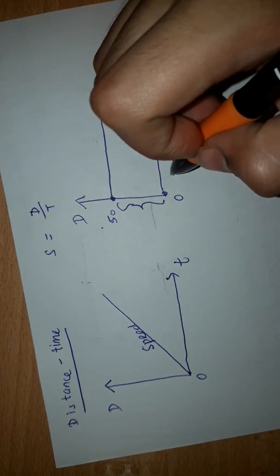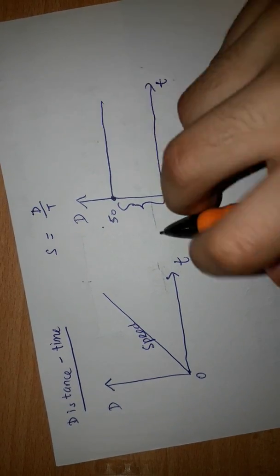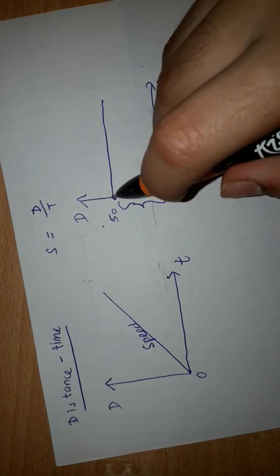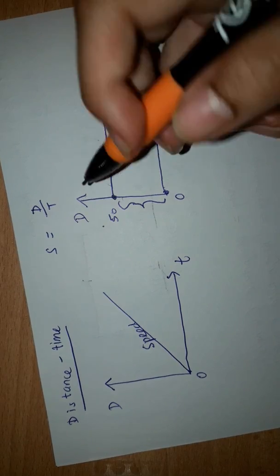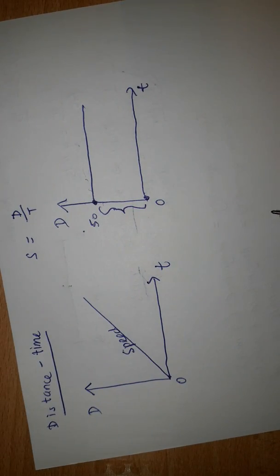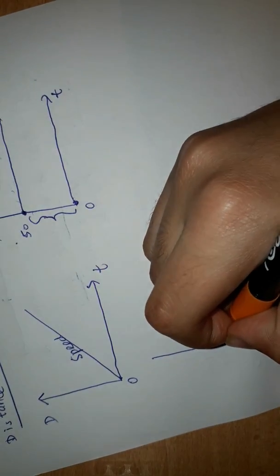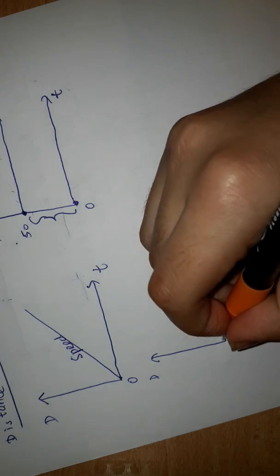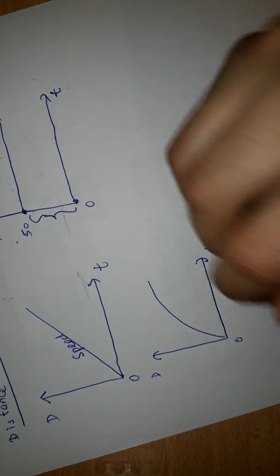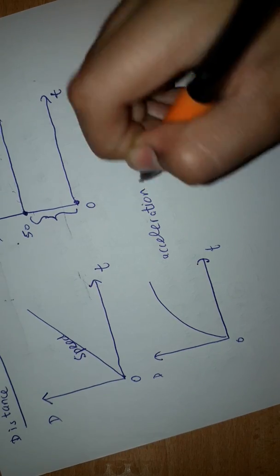You could say that my vehicle was parked or at halt 50 meters from origin, because as time is increasing, the distance is not increasing, so you can say that the object is parked. And if you have a distance time graph with a curve like that, it just means acceleration. This is for a distance time graph.